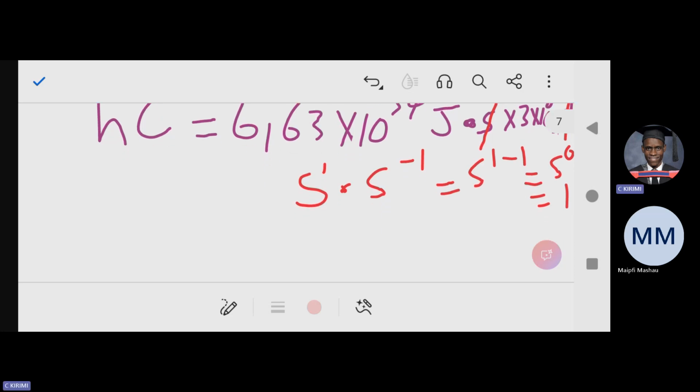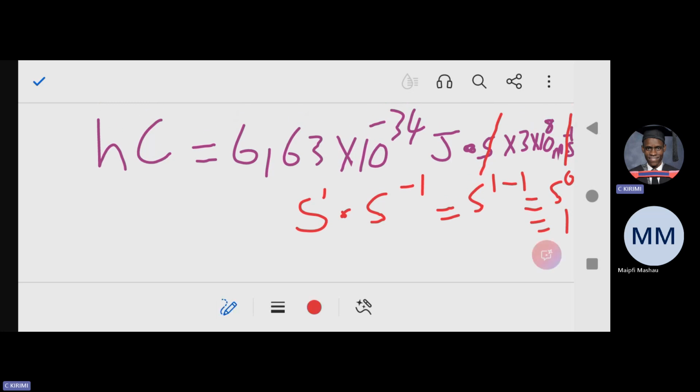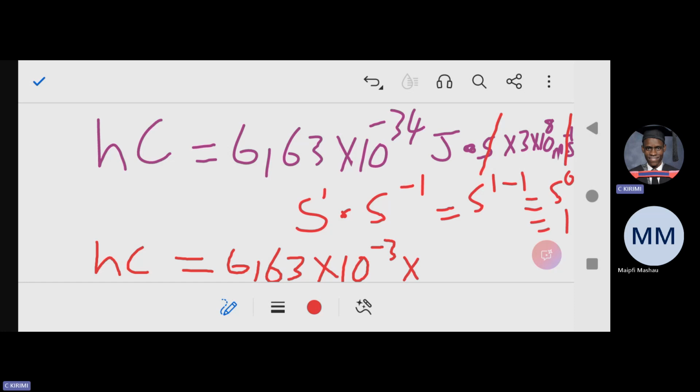So let's calculate the hc that we are using. 6.63 times 10 to the power negative 34 times 3 times 10 to the power 8.